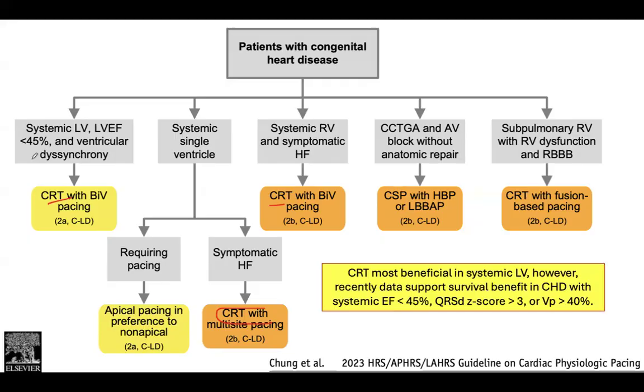But in general, CRT is most beneficial with systemic LV physiology. So Mitwalli, if you have patients with decreased function, especially with wide QRS, or there's pacemaker pacing, we might need to do CRT for such patients.